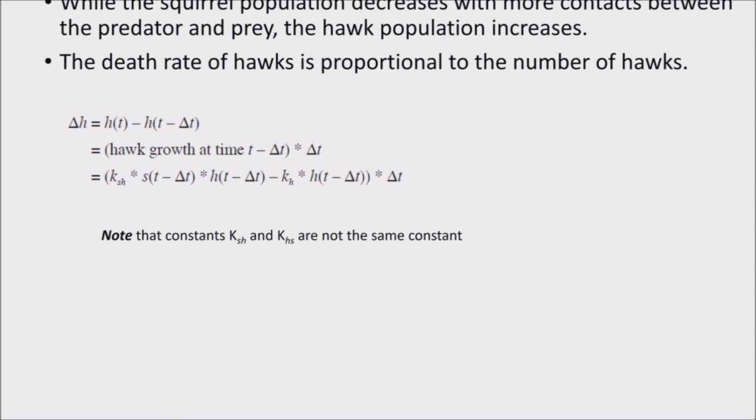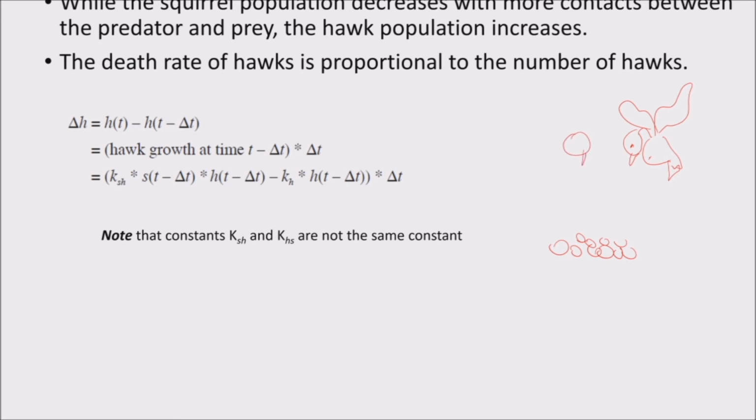And then what happens is, as I said before, if you have more squirrels to eat, the hogs come and eat them, right? So they have fat bellies because they have enough food, right?